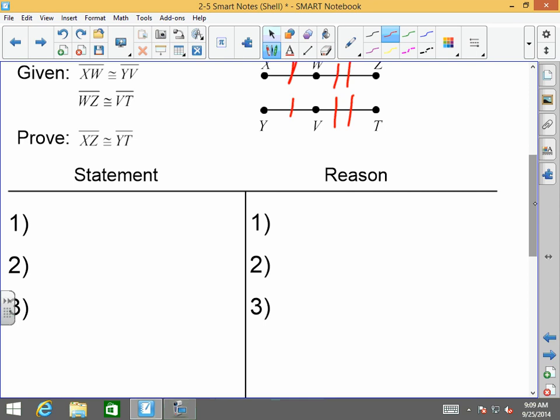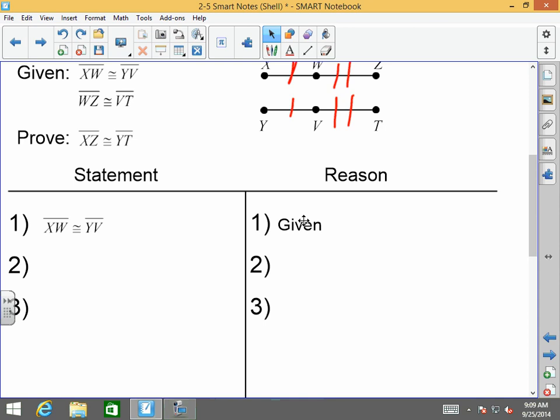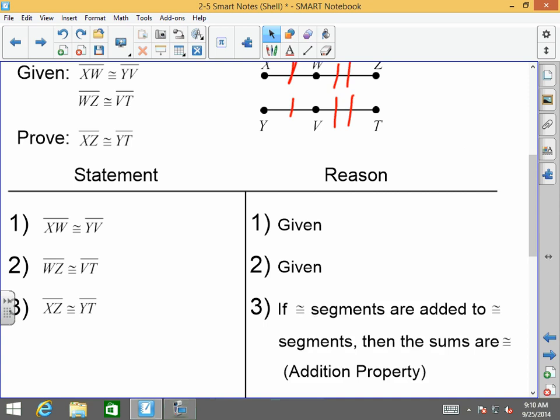Well, my first part is going to be my given, that XW is congruent to YV, that's given. My next would be that WZ is congruent to VT, that's given. And then my last step would be XZ is congruent to YT. Why? Addition property. If congruent segments are added to congruent segments, then the sums are congruent.